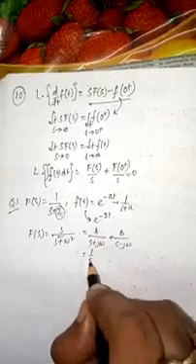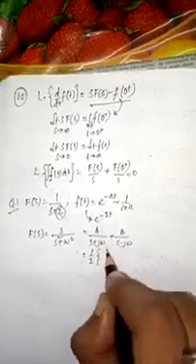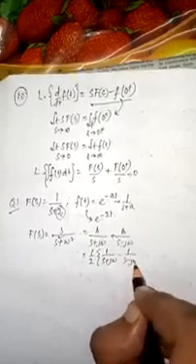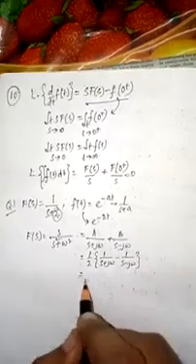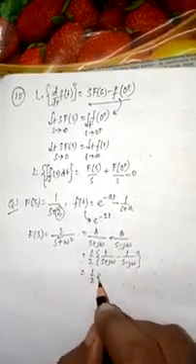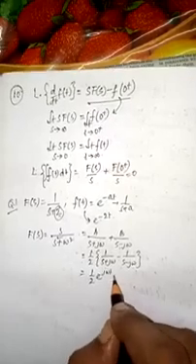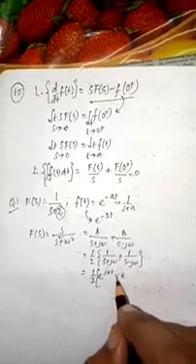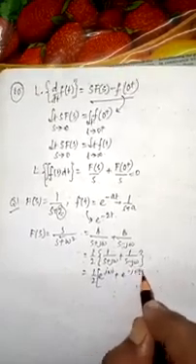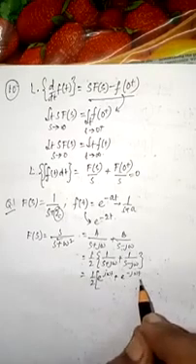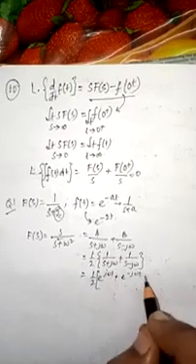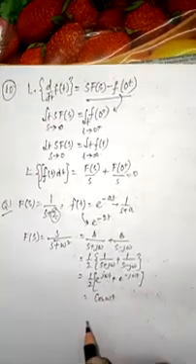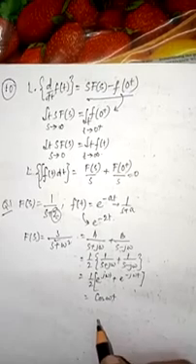So taking half, you can write 1 by s plus j omega plus 1 by s minus j omega. So it should be half e to the power j omega t plus e to the power minus j omega t, and if you are taking the inverse Laplace of this, finally it should be cos of omega t.